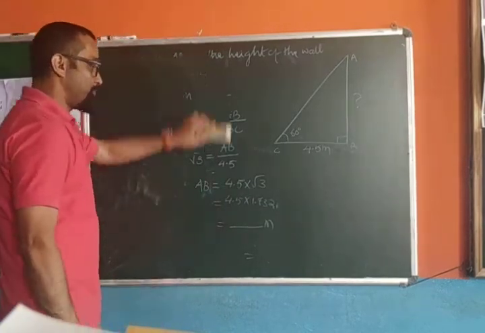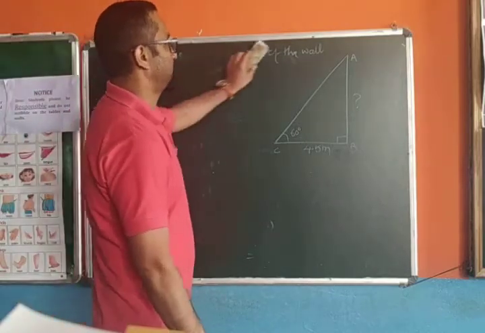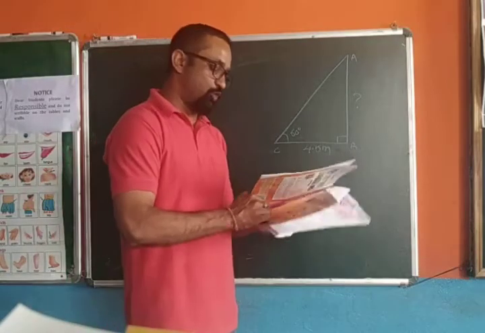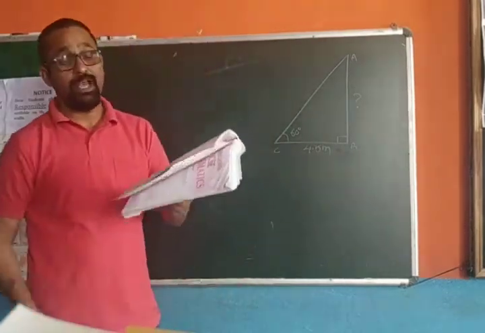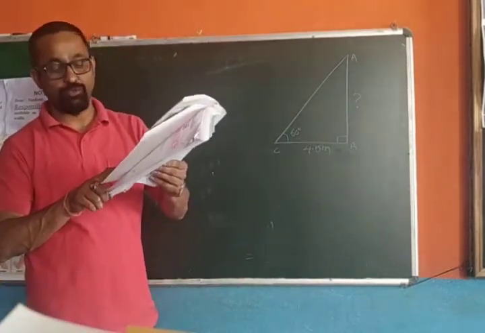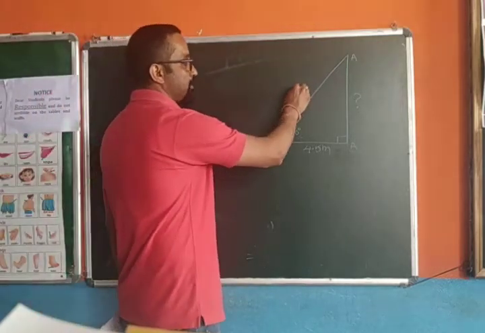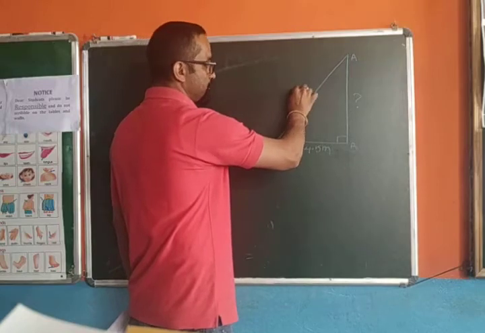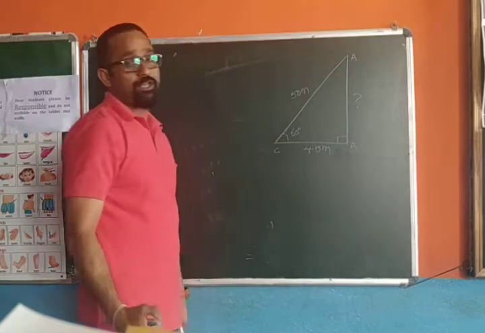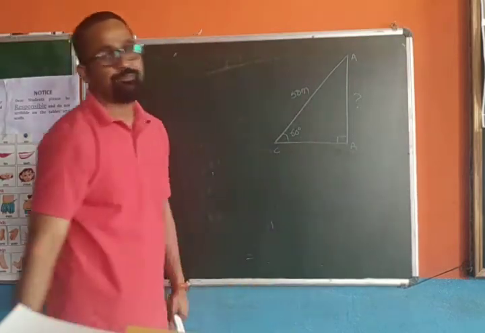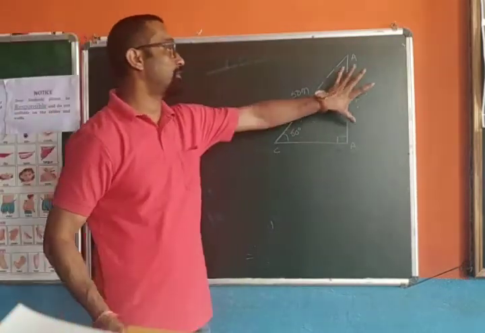I'll be doing the same question. Look at this. A ladder is placed against a wall such that it just reaches the top of the wall. If the length of the ladder is 50 meter, calculate the height of the wall.